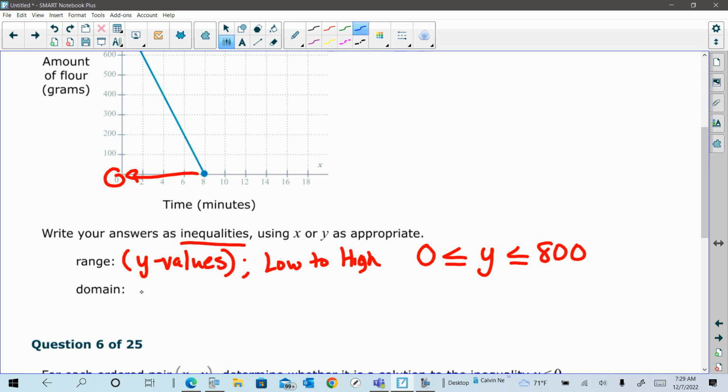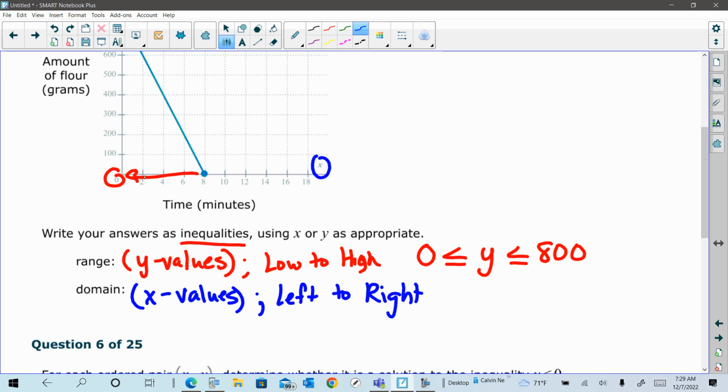Your domain are your x values. So you want to look at the graph as left to right. Here's the x value.